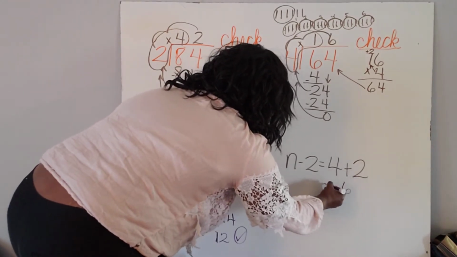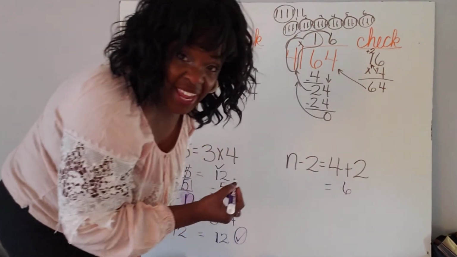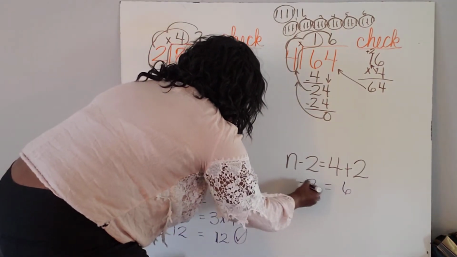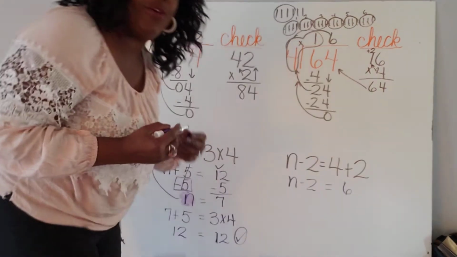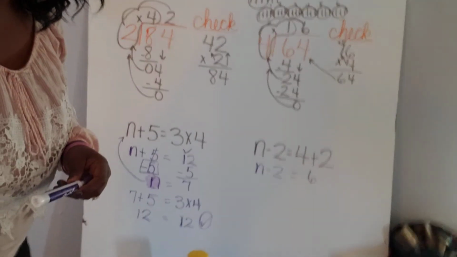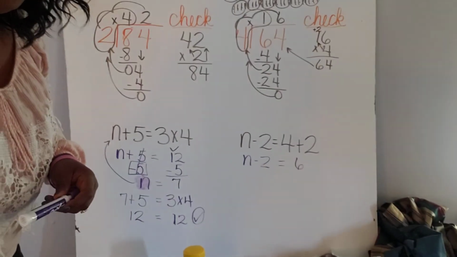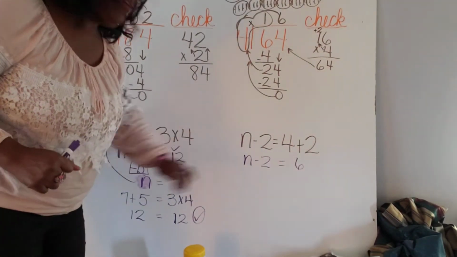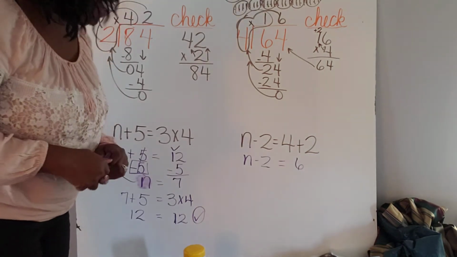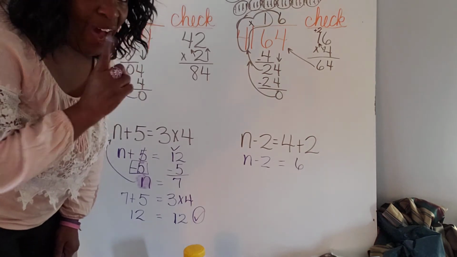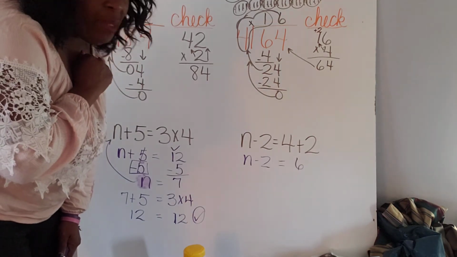Very good. Then what do we do? Bring everything else down. n minus 2 equals 6. Then we have to get rid of our n. Or not get rid of our n, get rid of our 2. But look at our 2 in this problem.